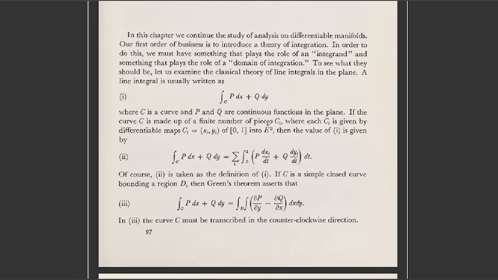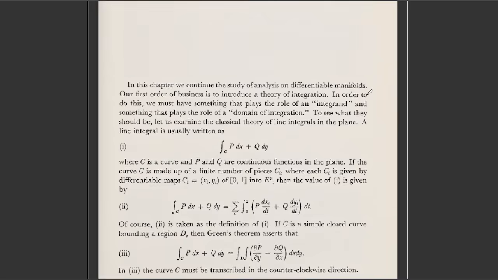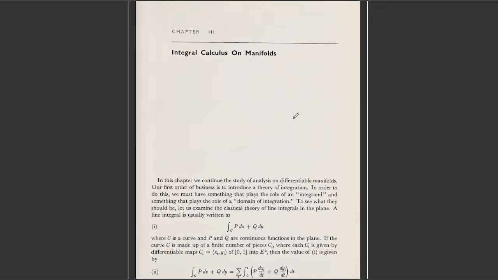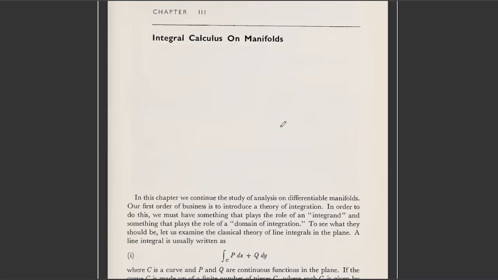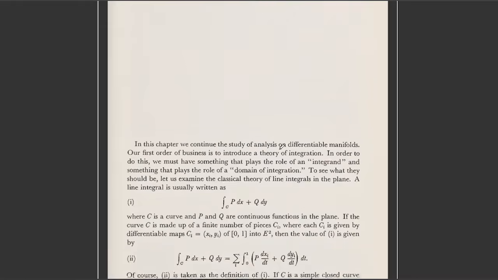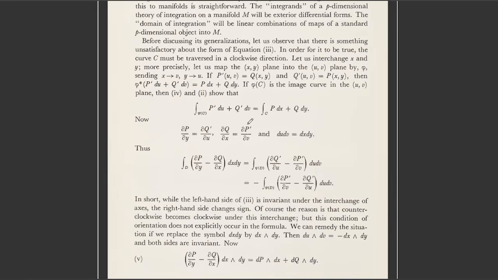This chapter studies analysis on manifolds. The reason we'd want to integrate anything in the first place is to perform measurement, right? And what we're ultimately going to try to do is perform measurement on curved surfaces or curved spaces without coordinates. Coordinates themselves kind of disappear when we introduce the language of differential forms and the exterior derivative.